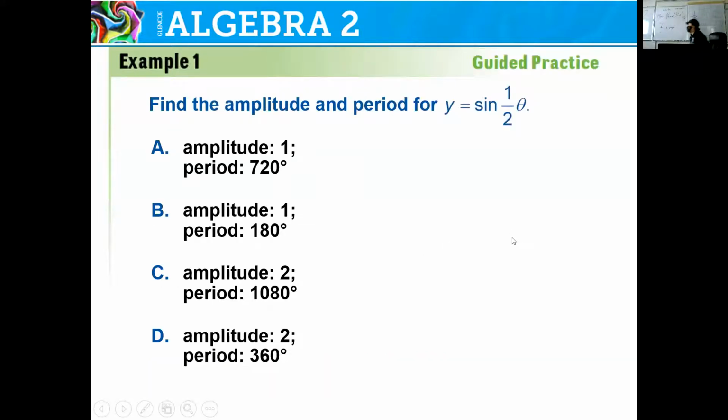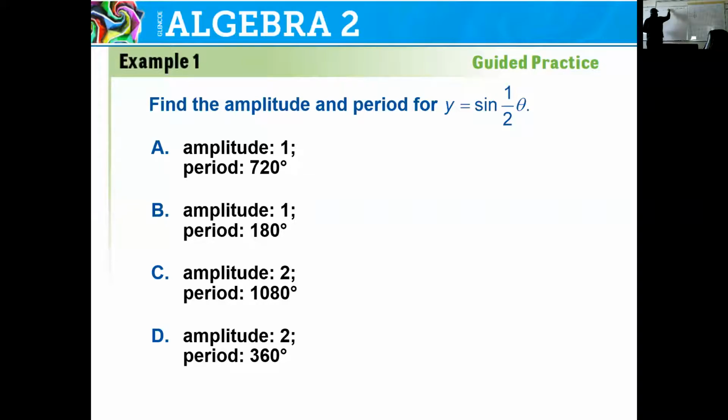Okay, so find the amplitude and the period for y equals sine of 1/2 theta. Okay, did we adjust anything for A? No, the answer to that is 1, right? Because it's still 1 times the sine of 1/2 theta. What we did adjust is B, okay, by a factor of 1/2.